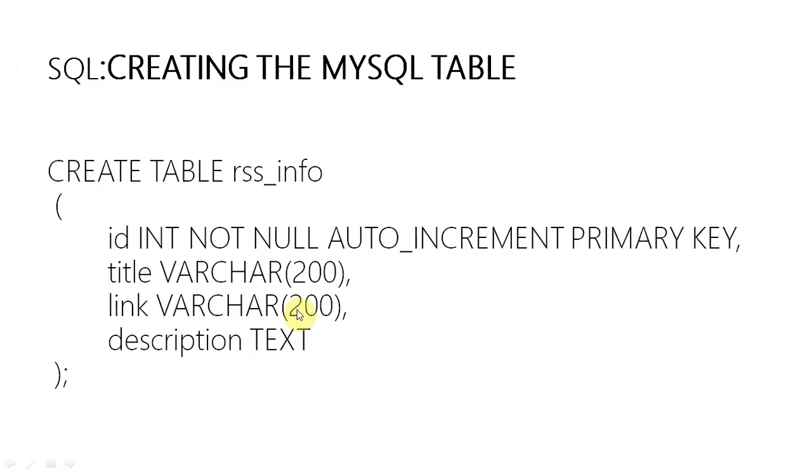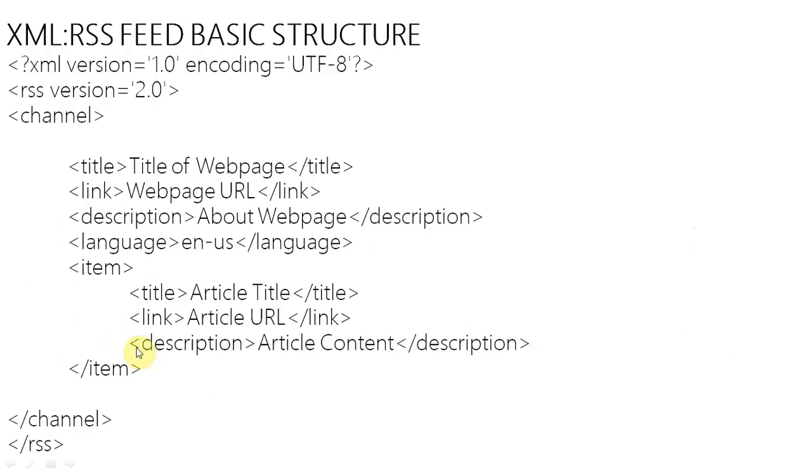That's why we have given another program, and we require this table, the basic structure of the table, where we have mentioned the title field, link field and description field. Accordingly, in this XML program we have title, link and description, three elements.